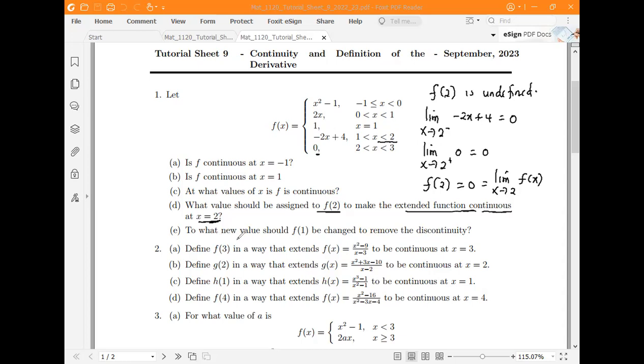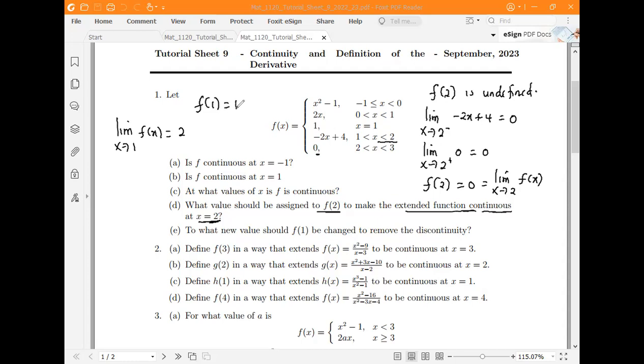Then they're saying, to what new value should f of 1 be changed to remove the discontinuity? Remember what we got at 1. At 1, we said the limit as x approaches 1 of f of x was coming out to be 2, and yet f of 1 was giving us 1.